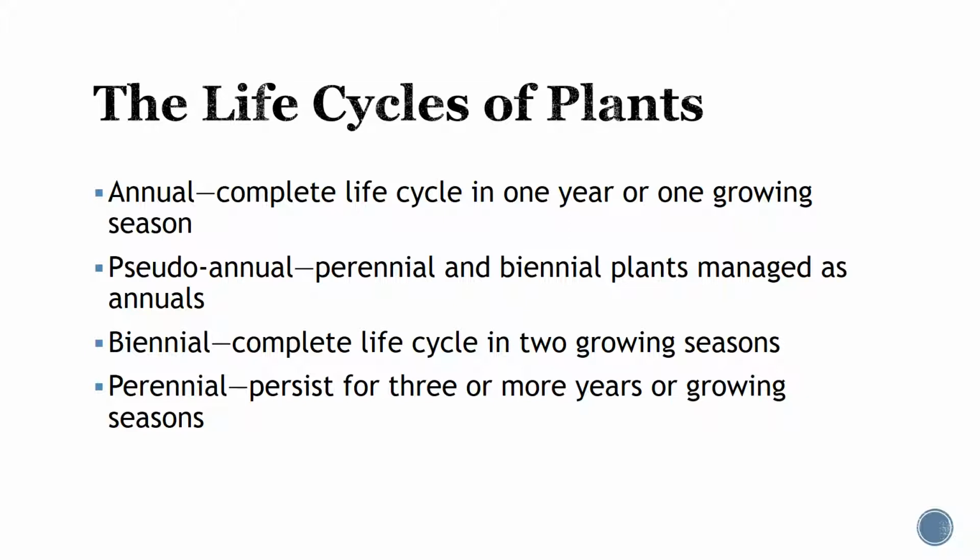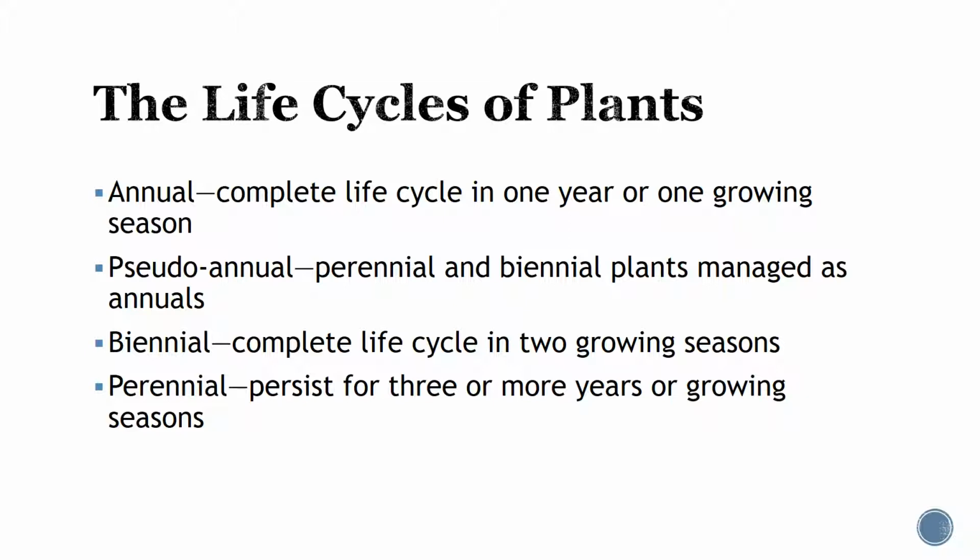So the last thing that I wanted to talk to you about is the life cycles of different plants. And these four are the four main life cycles that we have. And it goes from annual to pseudoannual, biannual, and perennial. And again, you probably already know this, but it's really good to just remind yourself. I always have one or two kids that don't know the difference between an annual and a biannual.